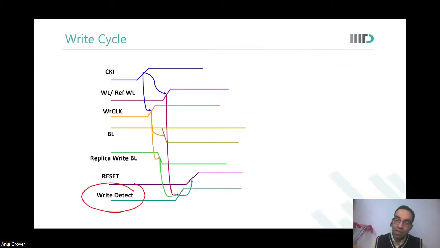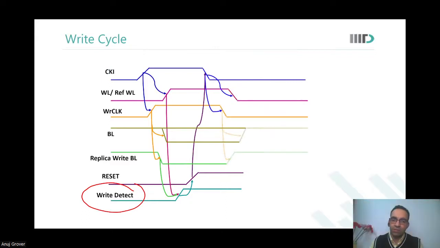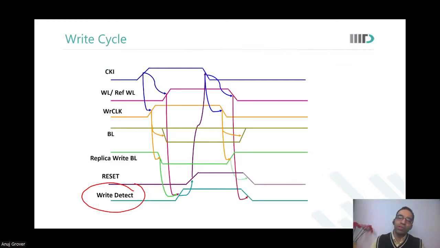You want to ensure that the write operation has completed inside the memory cell, which would generate the reset. Once the reset comes, the same behavior is followed, but there is an additional observation that you have to make before you reset the memory in the write cycle.